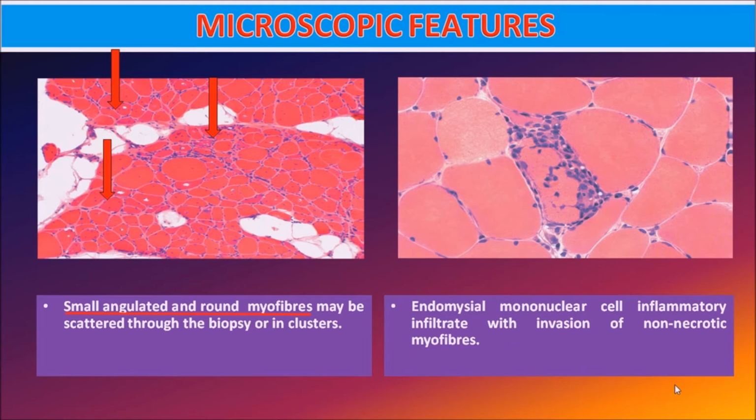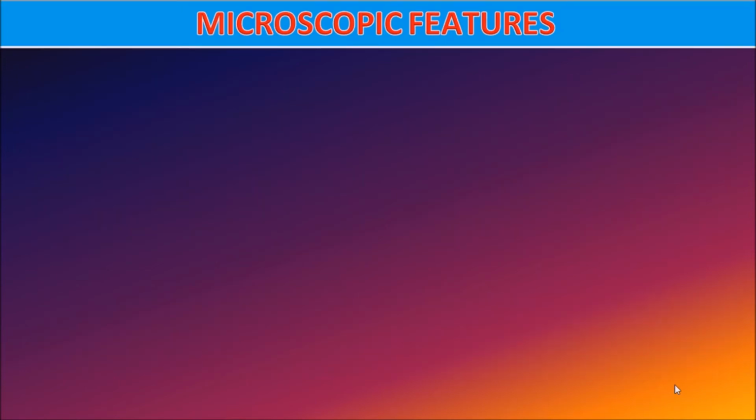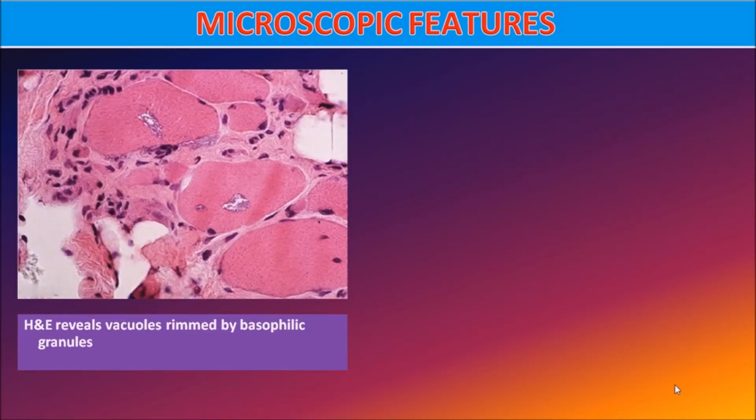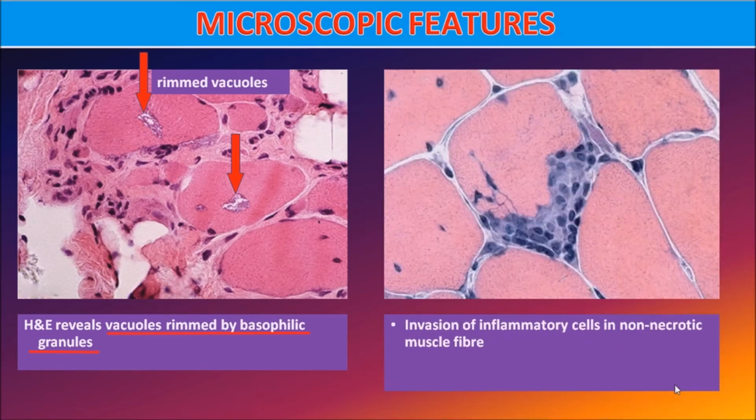This photo shows endomysial mononuclear cell inflammatory infiltrate with invasion of non-necrotic myofibers. H&E reveals vacuoles surrounded by basophilic granules. Invasion of inflammatory cells in a non-necrotic muscle fiber.